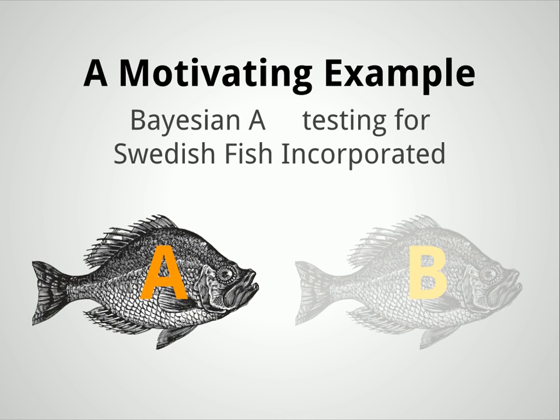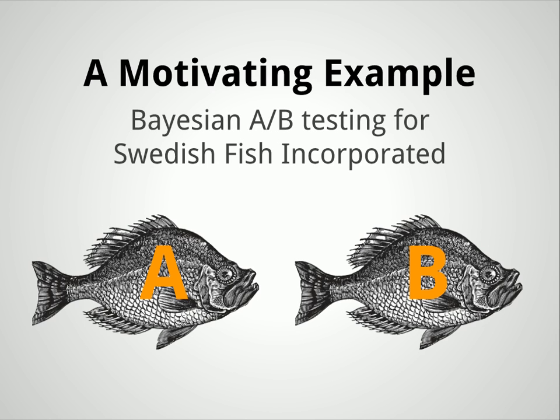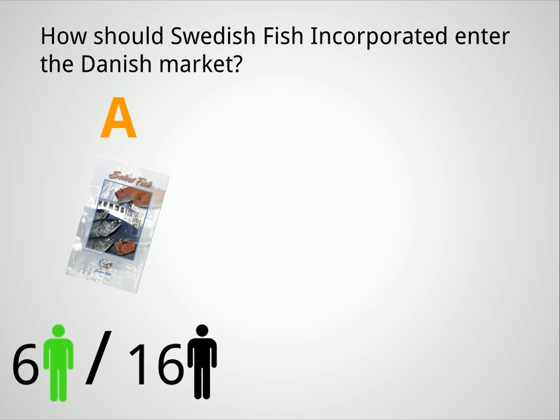So I guess we no longer have only one method to advertise salmon subscriptions with, and that means it's time to bring back the B in A/B testing. So remember that method A involved sending out a colorful brochure to advertise the salmon subscription service, and when marketing tried this on 16 randomly selected Danes, 6 out of 16 signed up.